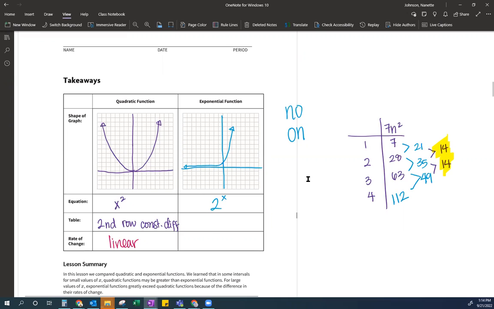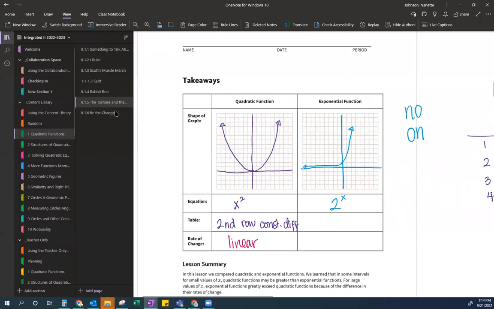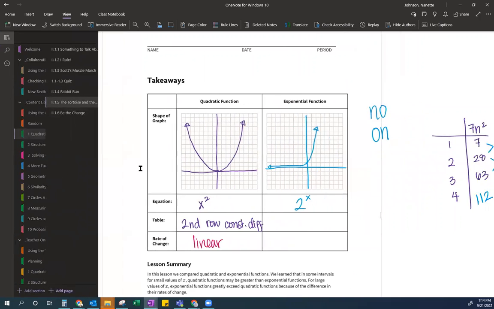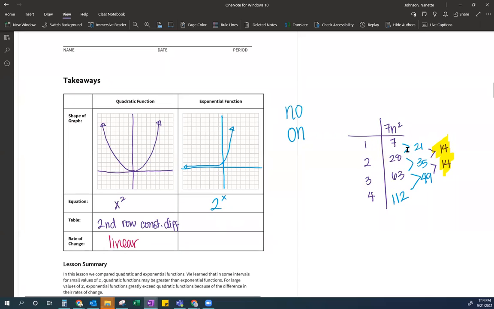Okay, what about the table? The table for this one is not being added. In this case, it's being multiplied by 2. I'll find that later, but it's being multiplied by 2. So here there's a constant ratio.